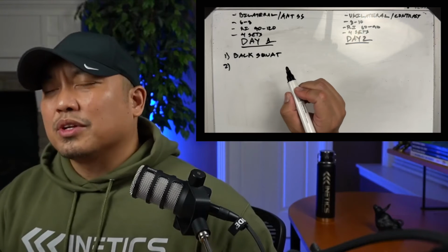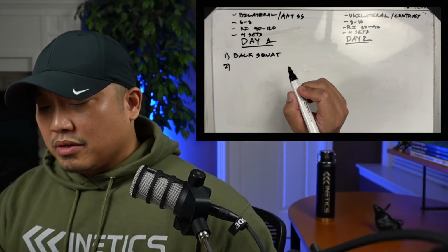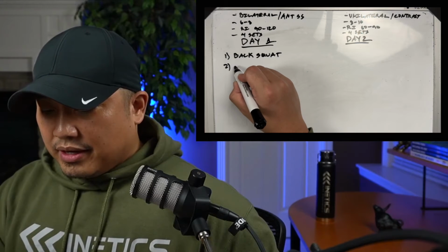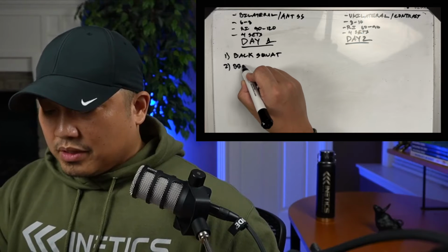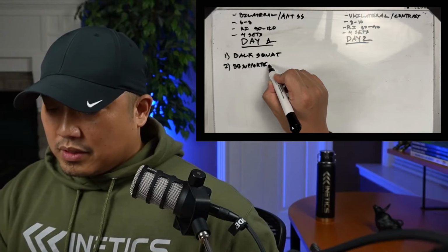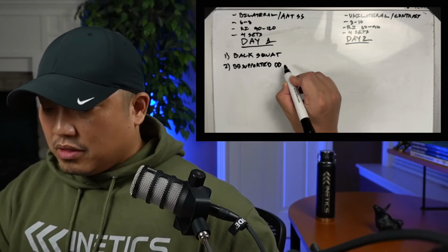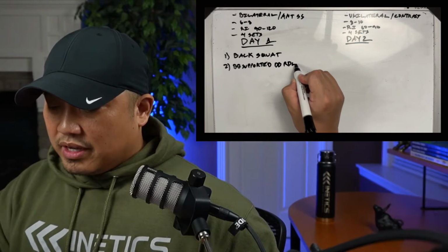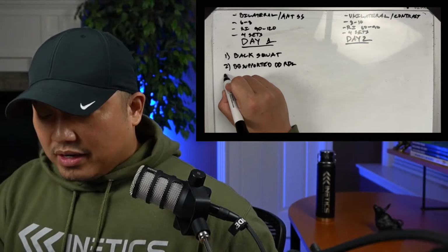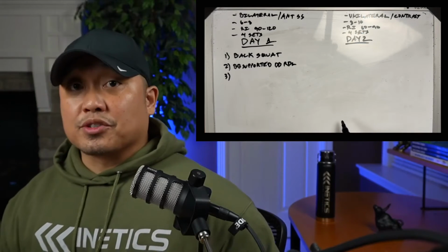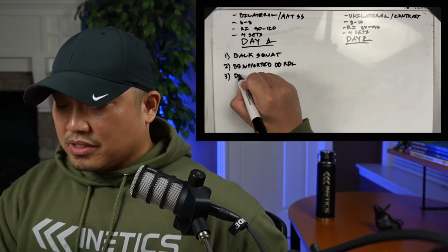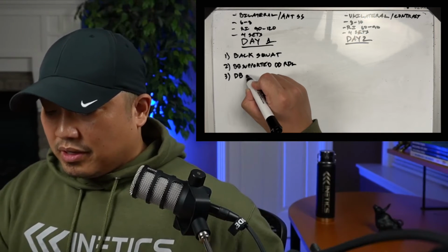So for a bilateral hinge pattern, based off of what we've done in the past, how about a barbell supported dumbbell RDL? Sounds good. Now we need a pushing exercise. We haven't done this in a while, so we can probably toss in dumbbell bench press.